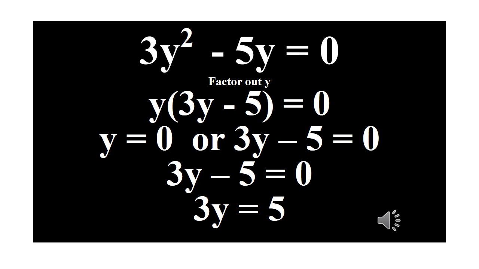So we have 3y squared minus 5y equals 0. If you factor out y, we have y times 3y minus 5 equals 0. Then either y is equal to 0, or 3y minus 5 equals 0. If you now equate 3y minus 5 equals 0, we add 5 to both sides, we get 3y equals 5.